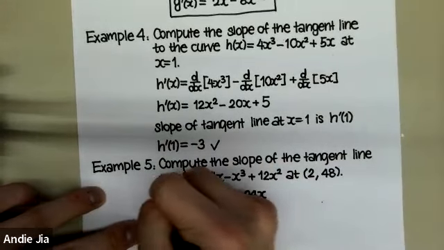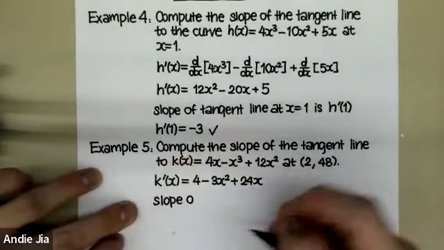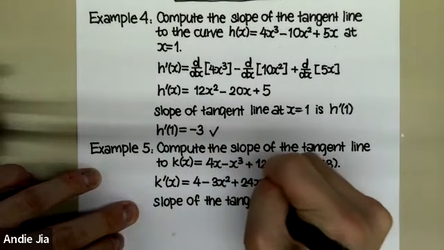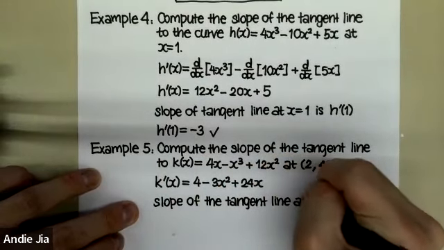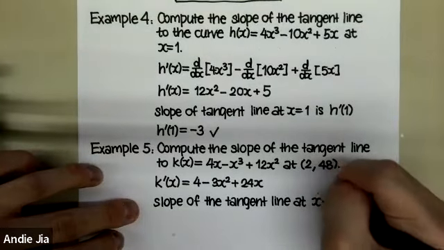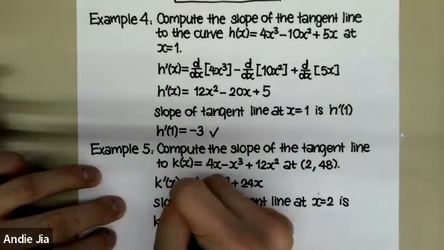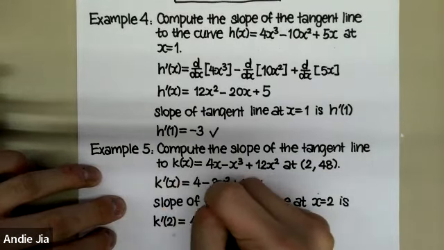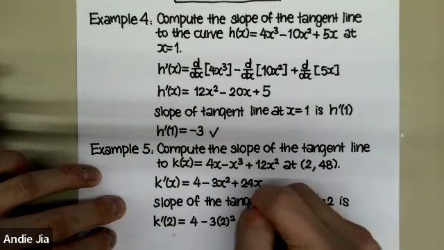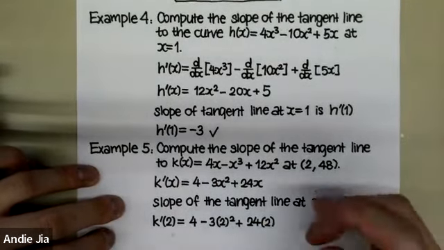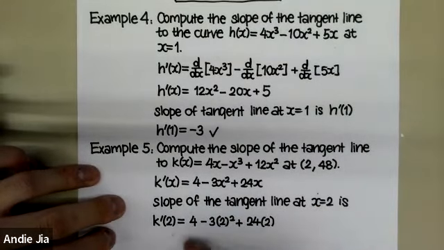And so the slope of the tangent line at x equal to 2 is k prime of 2, equal to 4 minus 3 times 2 squared plus 24 times 2, which is 48. 52 minus 12 is 40. Yes, 40.